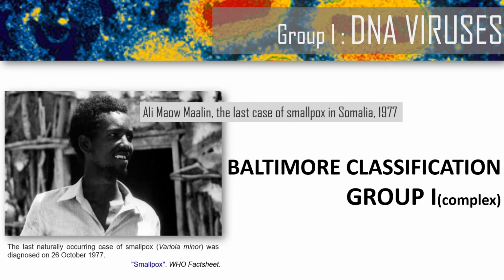Okay? Ali Maow Maalin, okay, the last case of smallpox in Somalia in 1977. And then in the US, United States, the last occurring smallpox case is on, class, same lang pala 'to, Somalia pa rin pala, class. That's on October 26, 1977. And then a year after, hindi a year after, kasi 1980, 3 years pa, 1977, 78, 79, 80.